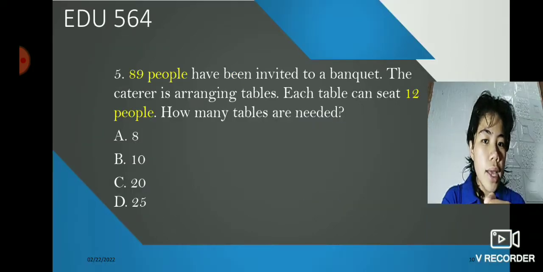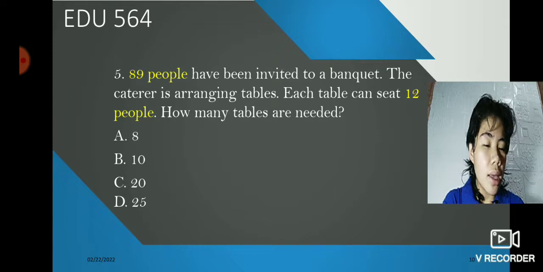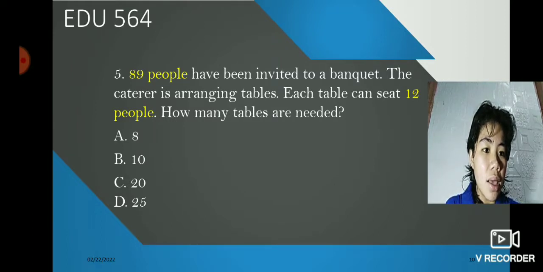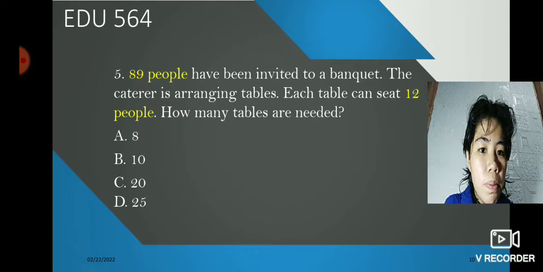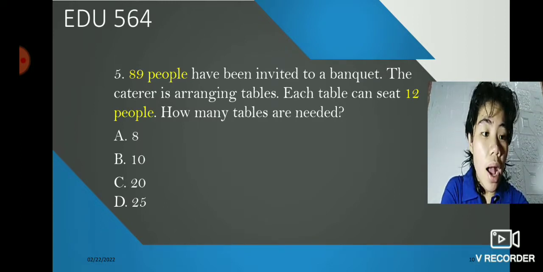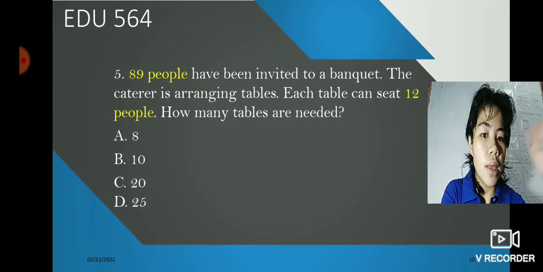The next is in Edo 564. The question is, 89 people have been invited to a banquet. The caterer is arranging tables. Each table can sit 12 people. So how many tables are needed? A, 8, B, 10, C, 20, and D, 25.